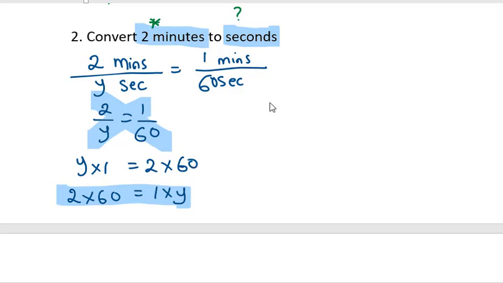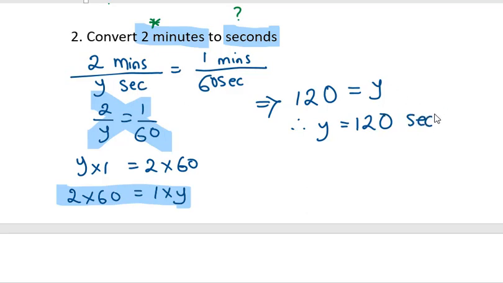From here we'll have that 2 times 60 is 120, is equal to 1 times y, which is just y. So therefore y is equal to 120. You now check where y is, seconds. So 120 seconds, because that's the unit. So while solving, make sure you maintain the units, and then it's correct.